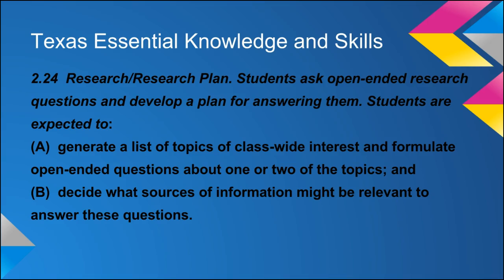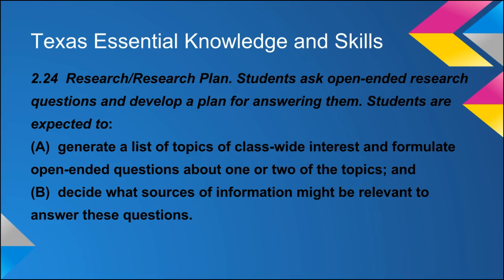So you're going to be generating a list of topics, and then you're going to, with your friends, talk about which one or two of those are the best ones that we all can agree on we want to know more about. And then you're going to decide, well, how do we go about finding good information to answer these questions? Do we call a person that's an expert?